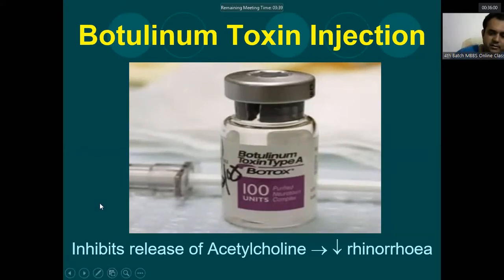When she was going for the election, it was all over the news that she appeared younger and had no wrinkles, and things like that. That is usually by Botox injection. It inhibits release of acetylcholine and decreases rhinorrhea in vasomotor rhinitis. So you Google for it, and it is a very interesting drug, and you'll be happy to see so many uses of this.